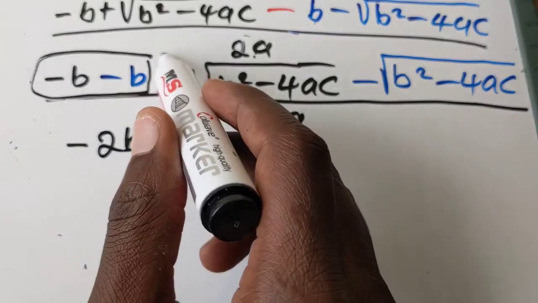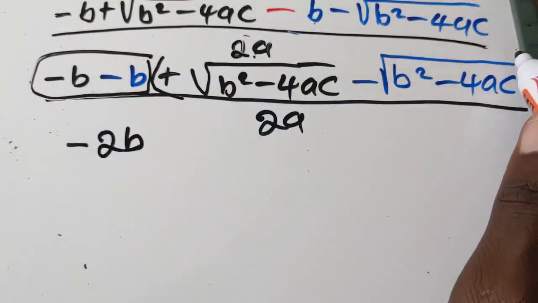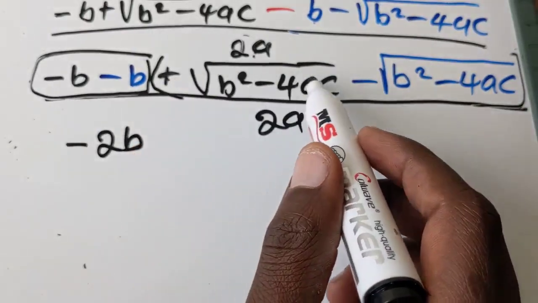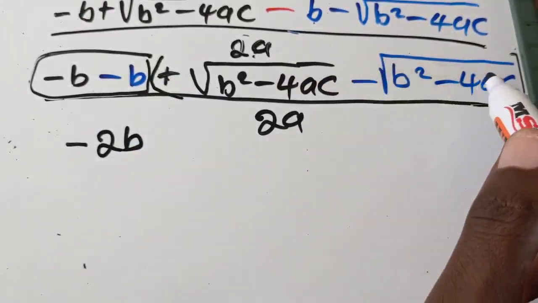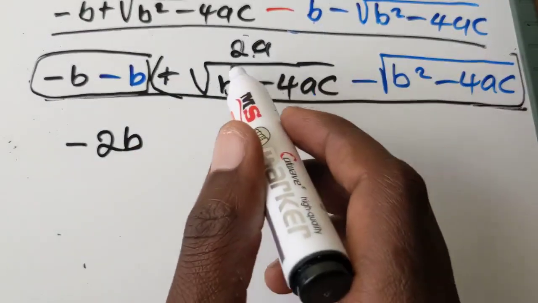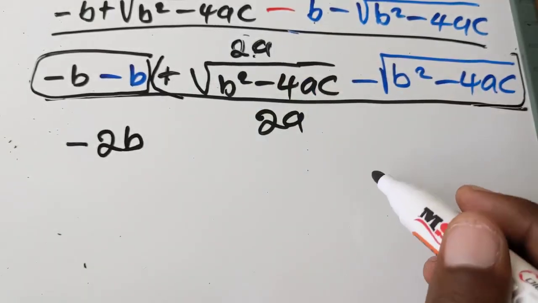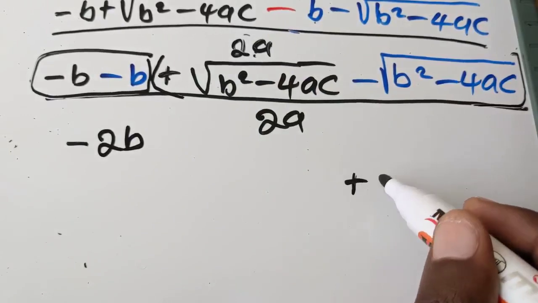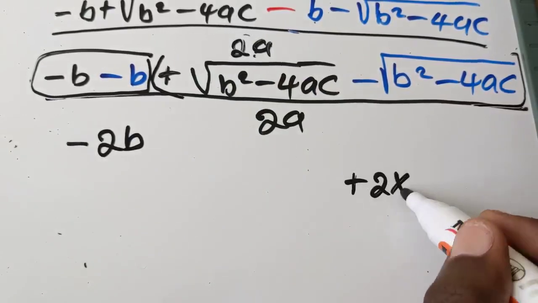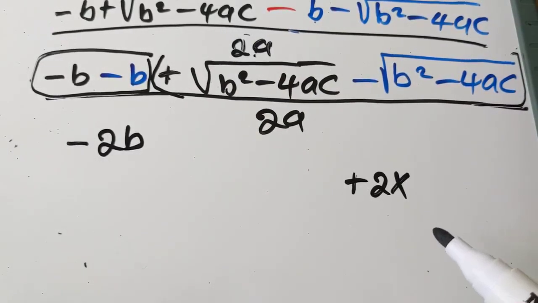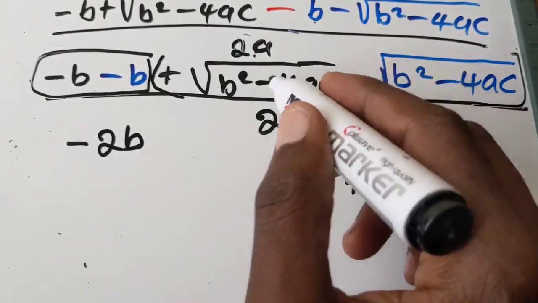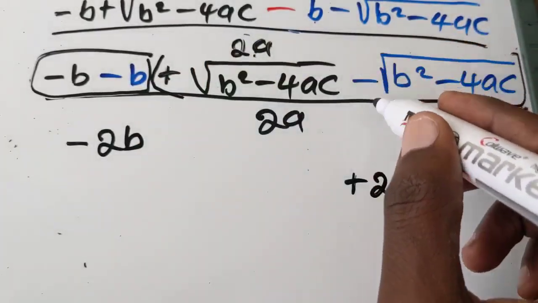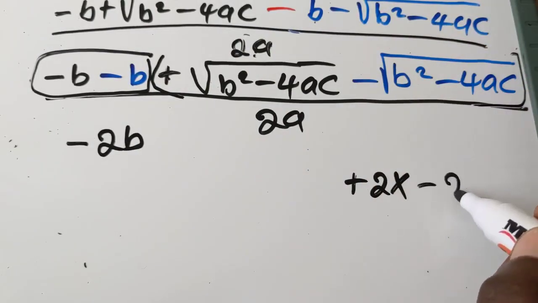Now how about this part here? What is it going to give you? This is positive this and negative that. Let's say, for instance, you have positive 2x and negative 2x.